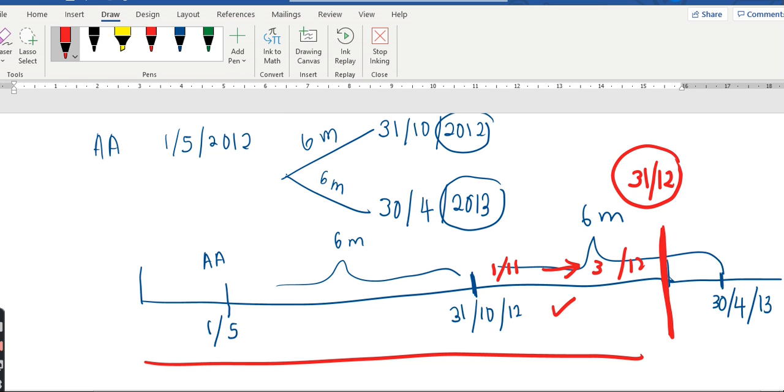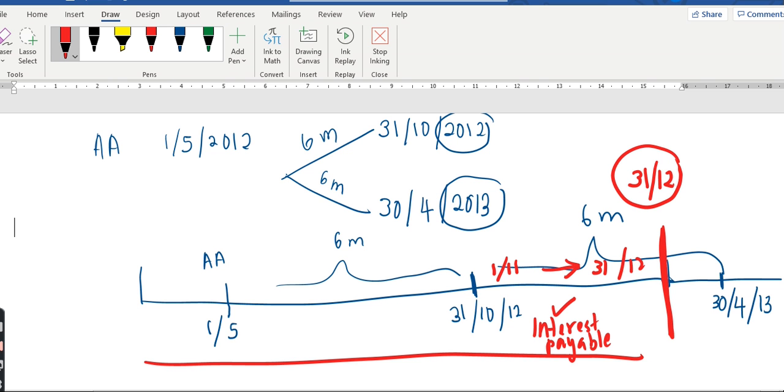So these 2 months of interest expense are yet to be declared in the year 2012, because that is what we are supposed to do, the adjusting entries. So these 2 months are your interest payable.